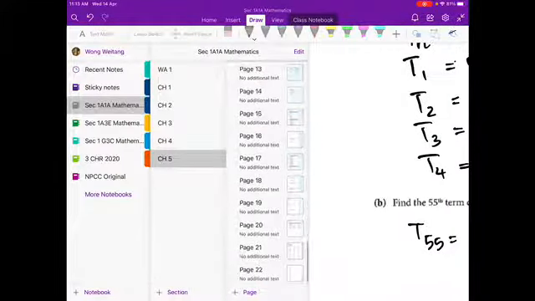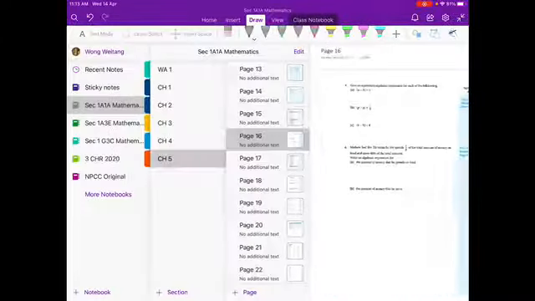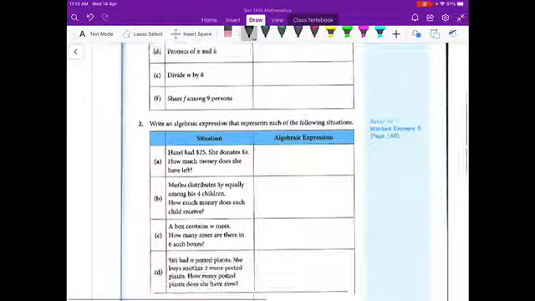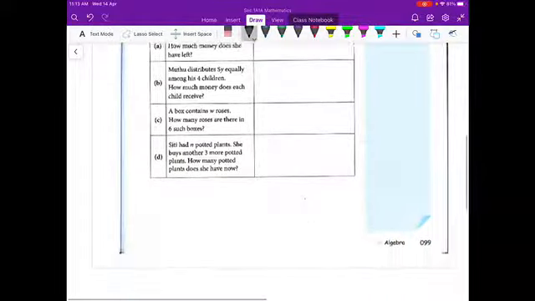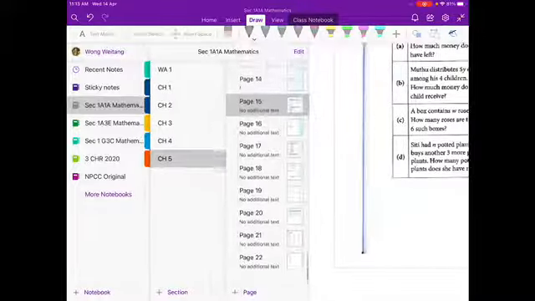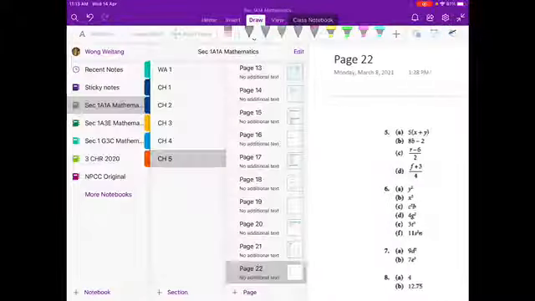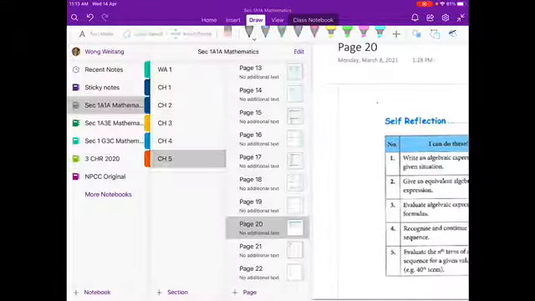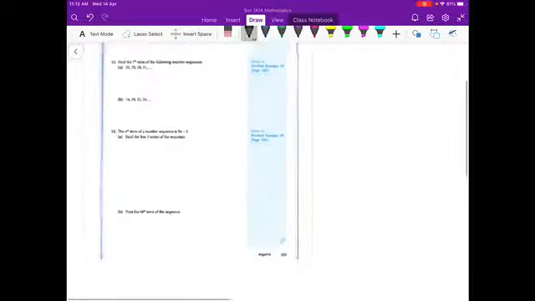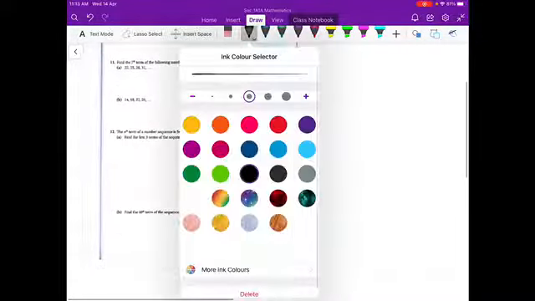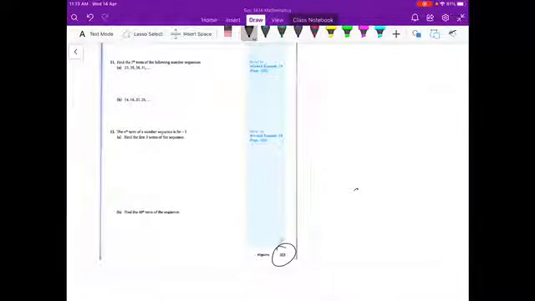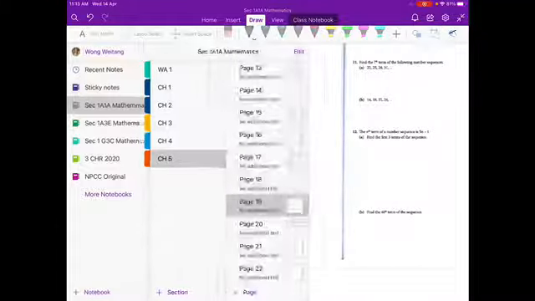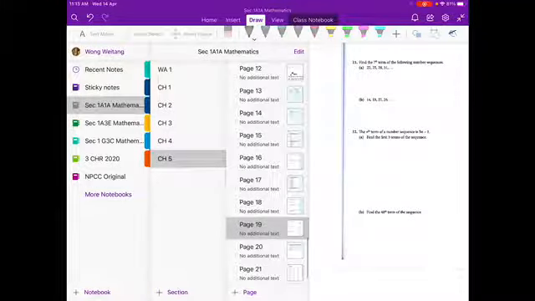Let's go down to review exercise number 5. Okay? Your job right now is to start on page 99 until page 103. Okay, 99 to 103. Then we finished the book already.